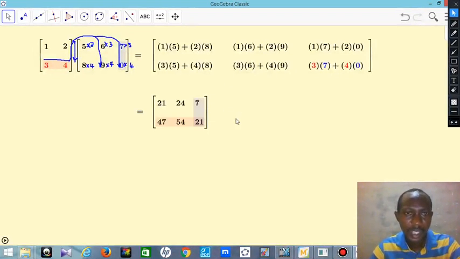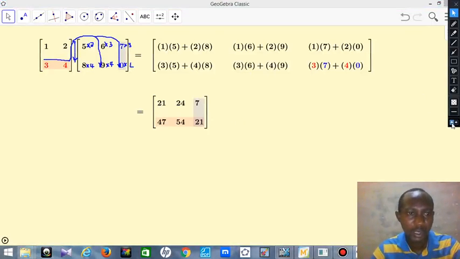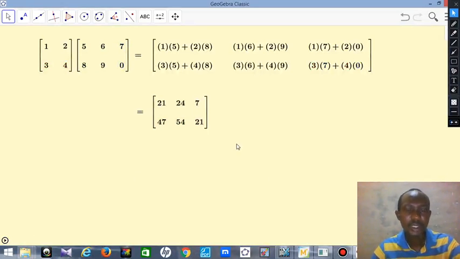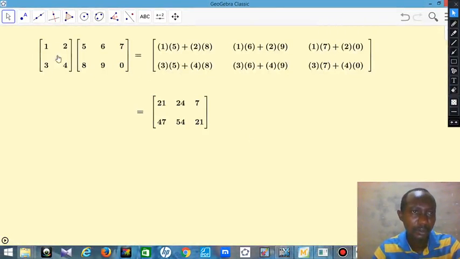I want you to take your time and understand it very well. You see that multiplication of matrix is not difficult. Just for you to understand the step, and you see that it's very easy. So with this principle, you see that you can multiply matrix. First row times first column.